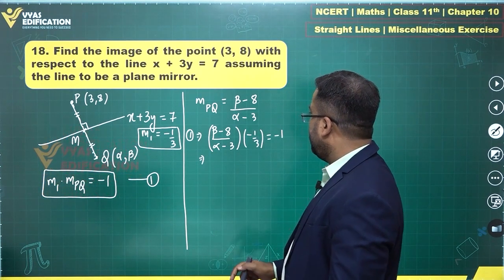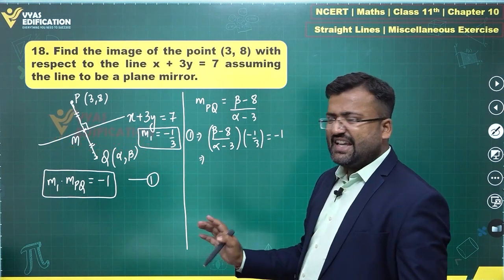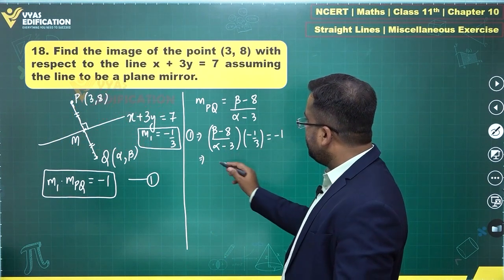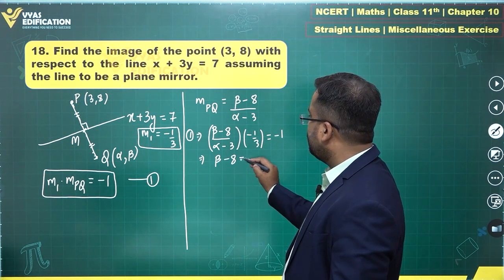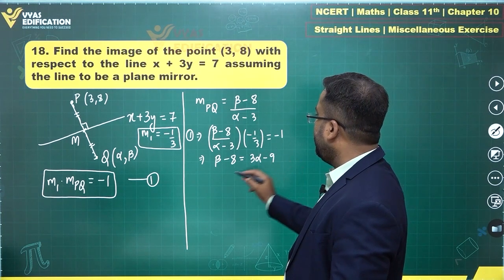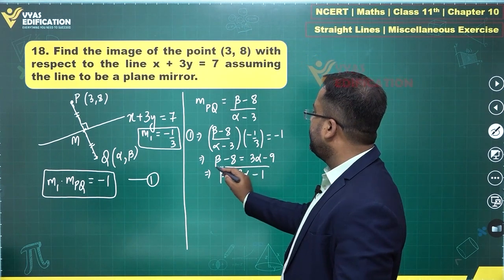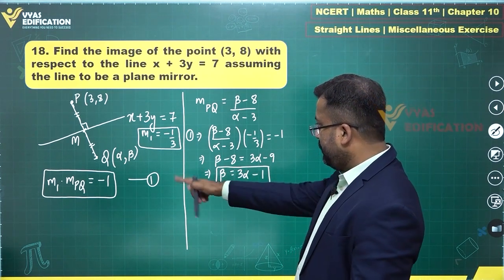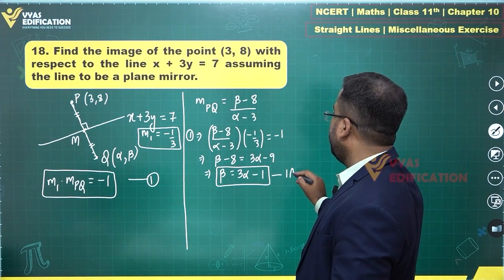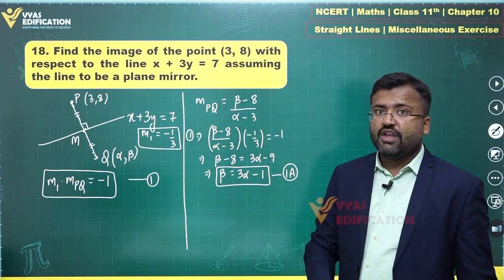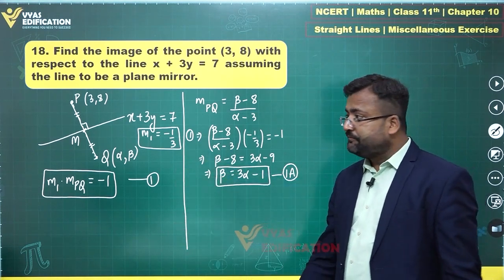The -1 gets cancelled, and the 3 times (alpha - 3) goes over there. So beta - 8 = 3 alpha - 9, which tells me beta = 3 alpha - 1. This is the equation obtained from the first condition. Let's call this 1a, not 2, because we need the second condition.